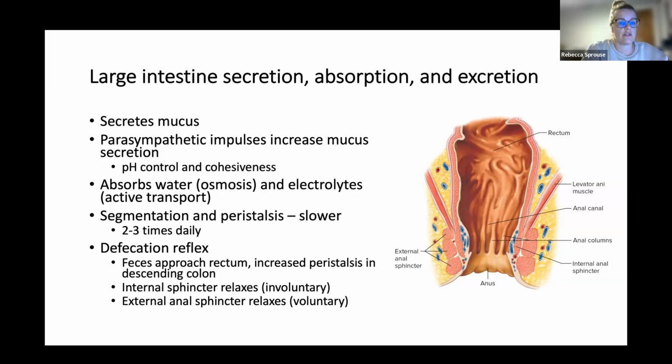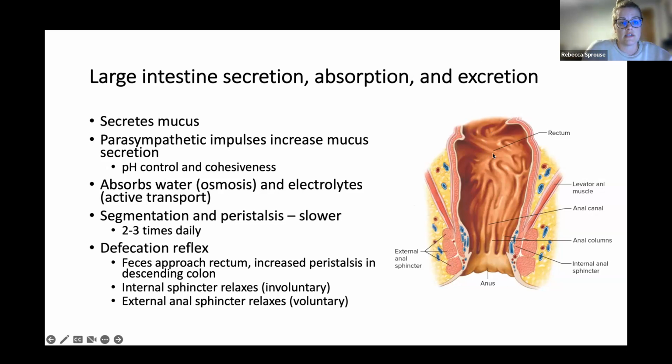So the defecation reflex basically occurs as those feces travel through the colon and then end up at the rectum. That's going to put pressure on the rectum, and that's going to increase peristalsis in the descending colon, which is right before the rectum. That's going to further push the contents this direction towards the exterior.